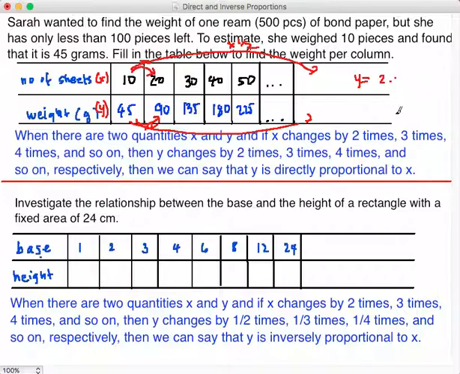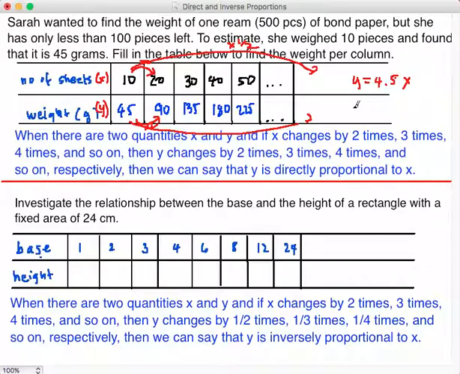No. 4.5. 4.5x. So, magkaroon tayo ng relationship na y equals 4.5x. Ibig sabihin, whatever the value of x, times mo lang sa 4.5 yung nandito. For example, 10 times 4.5 is 45. 30 times 4.5 is 135, no?